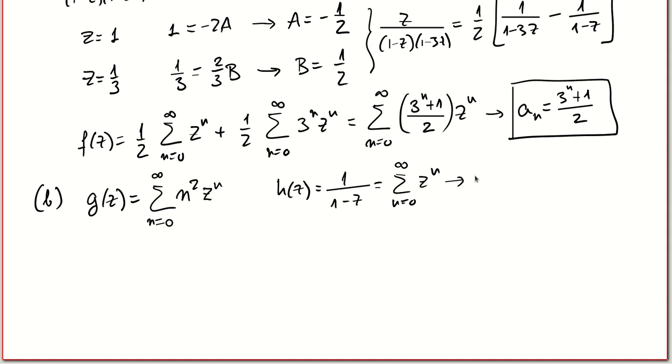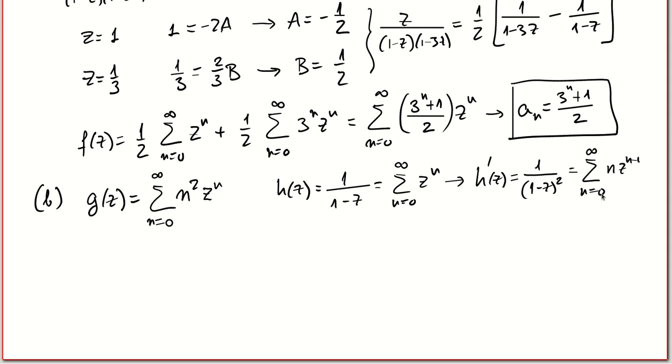So from here, we get that h prime is equal to, on the one hand, 1 over (1 minus z) squared, okay? And on the other hand, you have here the sum from 0 to infinity of n z to the n minus 1. All right?